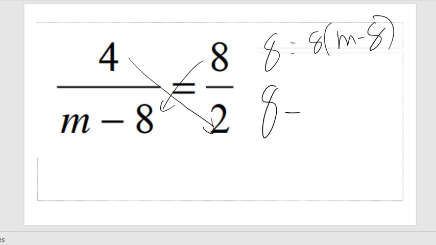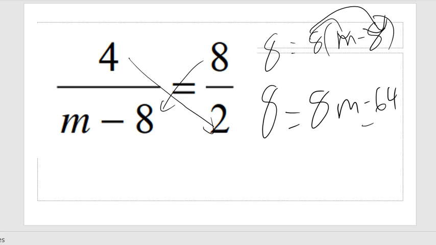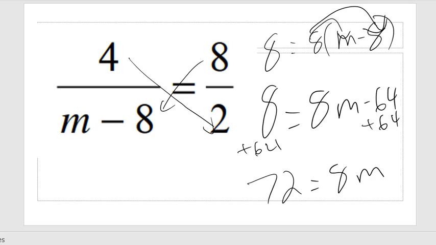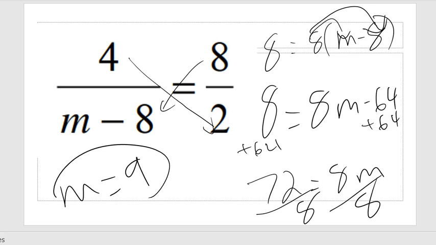So we get 8 equals 8m minus 64, because we distribute. Add 64. 72 equals 8m. We divide by 8, divided by 8, and then we get m equals 9.